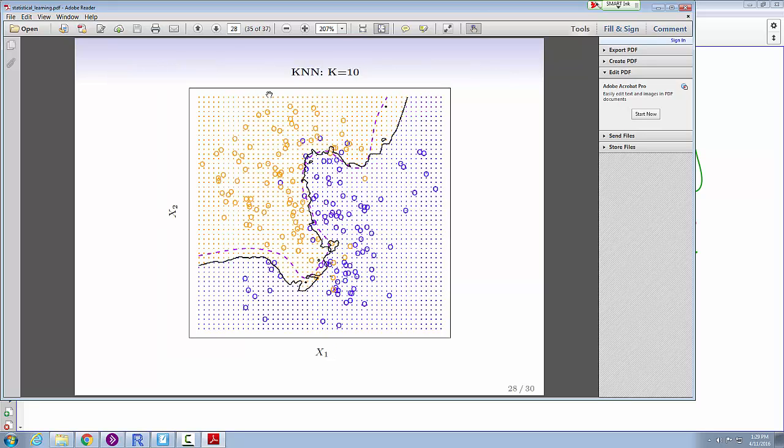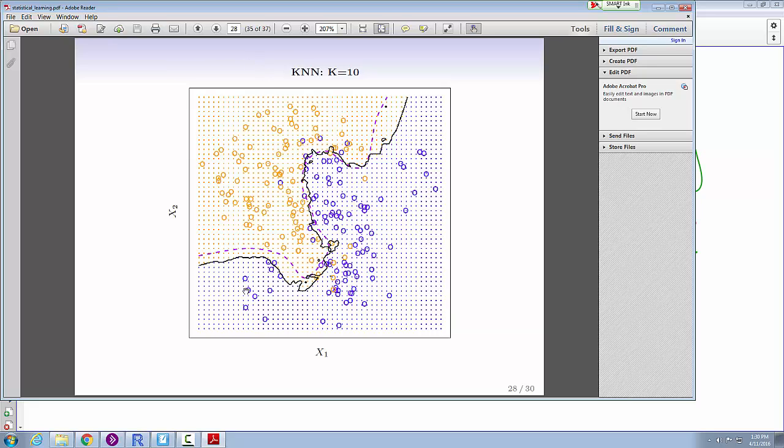K-nearest neighbors can be very flexible as a model. There's no linearity going on here. There's no linear assumptions or anything. It's just these neighbors, which can be highly irregular. So here's a picture. The dashed purple curve is the truth. That is the true region that distinguishes the two classes.